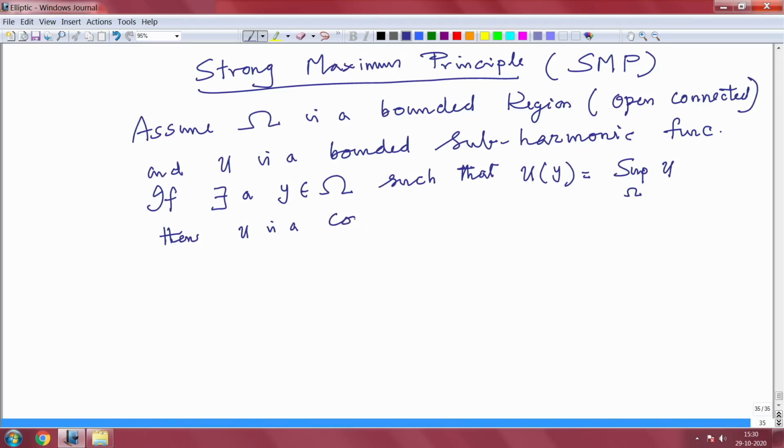It's a constant function. That is in a sense what it says, that a non-constant function cannot have an interior maximum.